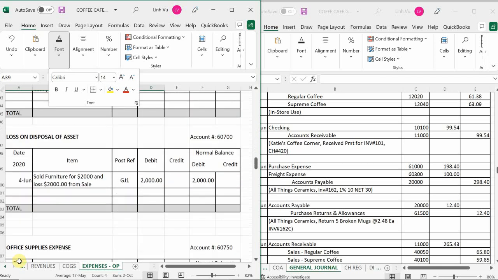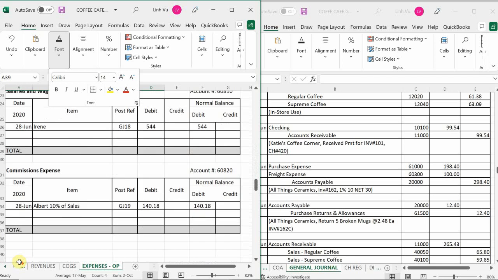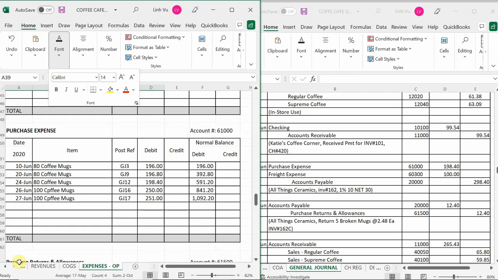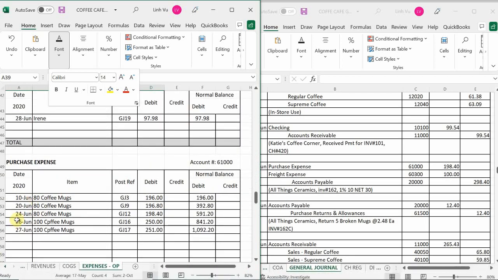So that means purchase expense needs to be $198.